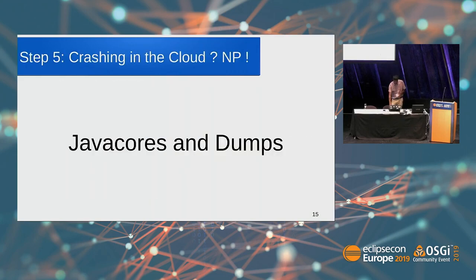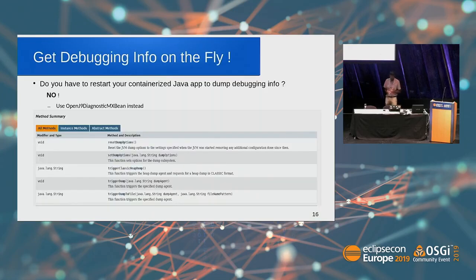And the last thing that I have is about debugging. It's not very easy, because in the first stage we stripped away everything, and so now it is a lot more difficult to debug in containers. One thing that we do have is the OpenJ9 Diagnostic MX Bean. I think on HotSpot it's called just the Diagnostic MX Bean, so it's available there as well.